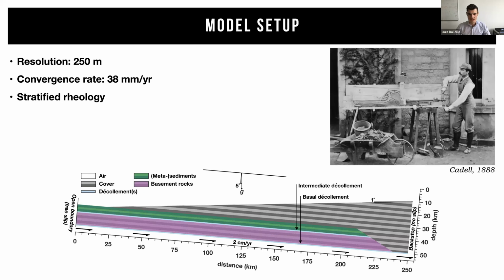Of course, this is just a very simple model that conceptually has been used over the last 100 years. And in this case, you can see that from this type of simulation we can obtain a first-order approximation of the link between surface erosion and the tectonic evolution of this type of model.